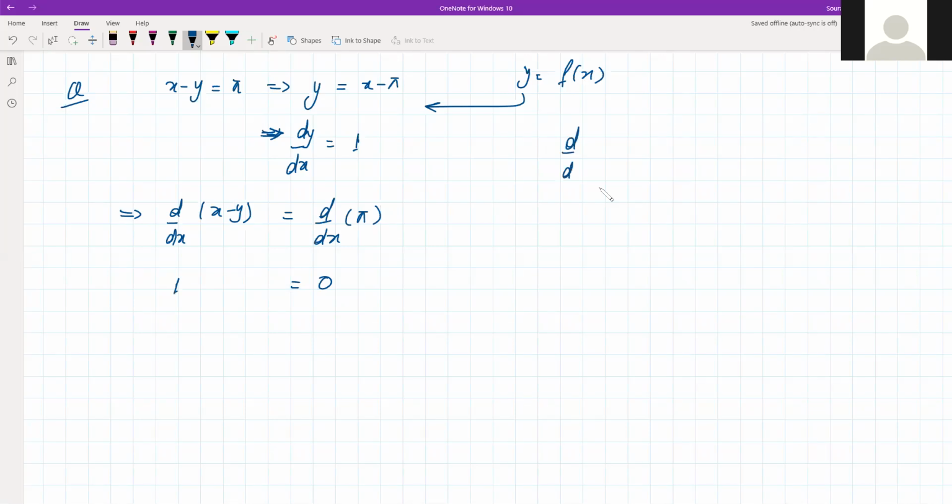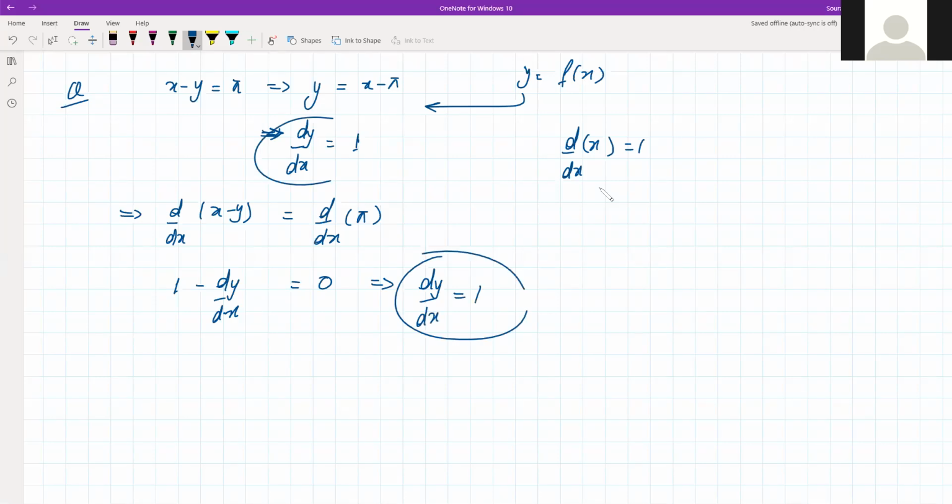So 1 minus d by dx of y, that is dy by dx. Now what do we have to find? Dy by dx. So we have an equation in form of dy by dx. So from there I can say that dy by dx is equals to 1. So in both the methods we have got the same result.